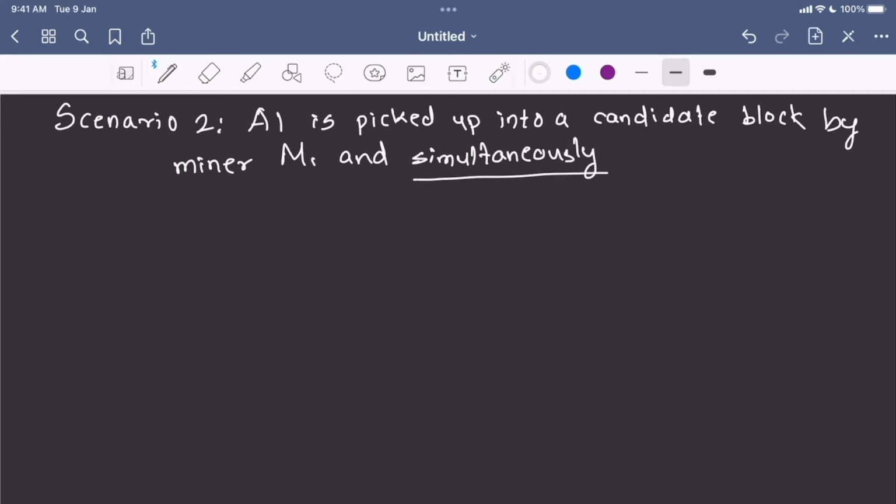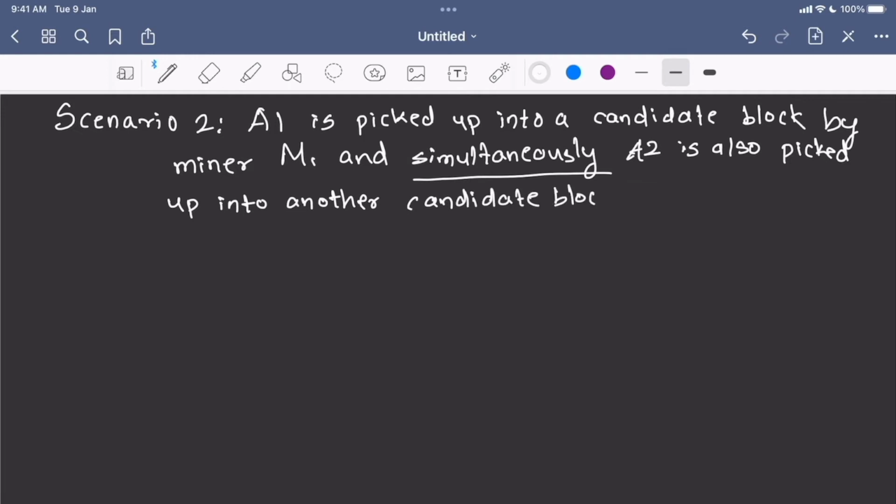So focus on this simultaneously. A2 is also picked up into another candidate block by miner M2.